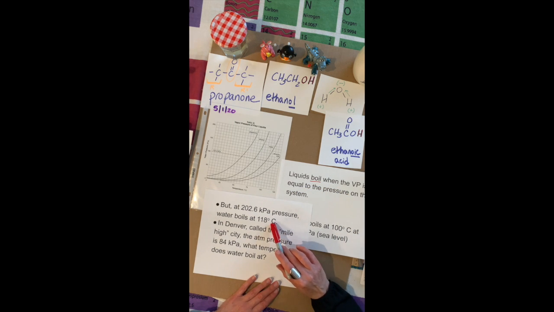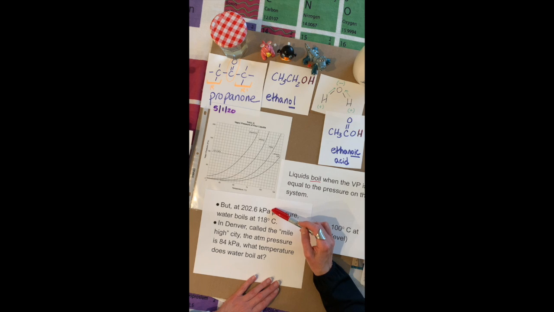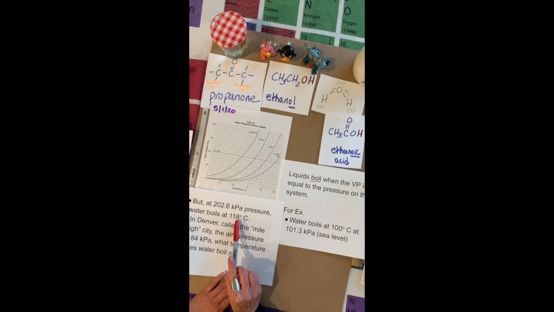So the temperature at which a substance boils is impacted by the amount of pressure in the atmosphere. The higher the pressure, the higher the temperature of boiling. Lower pressure, lower temperature to boil.